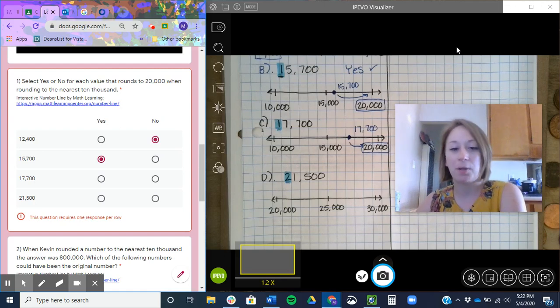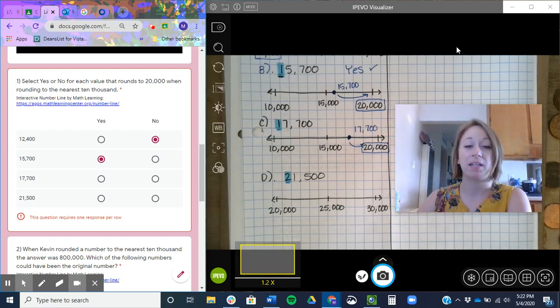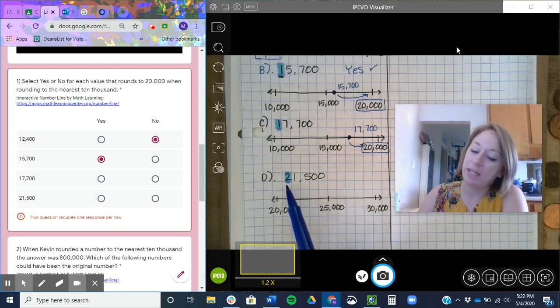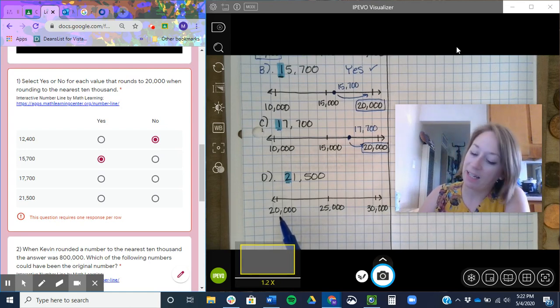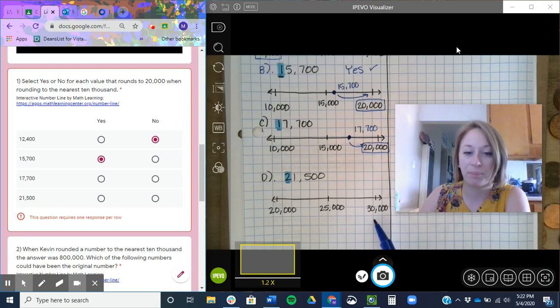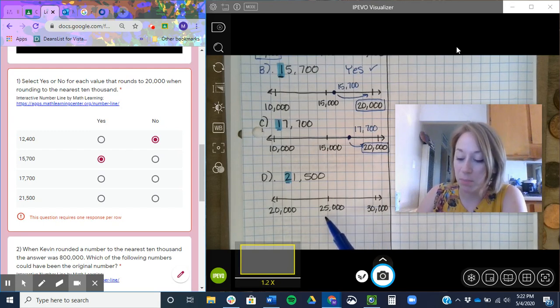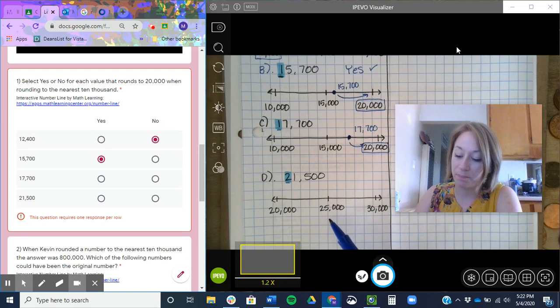On the fourth number line, this one's a little bit different because this one's after 20,000, but the value in the 10,000s place is 20,000. The next 10,000 is 30,000, and the value at the midpoint is 25,000.